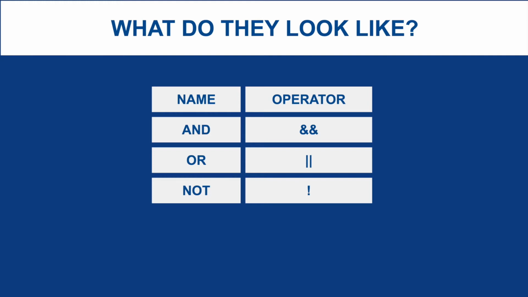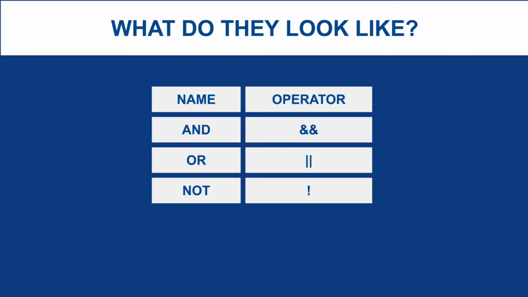The name of the first one is and, and it's denoted by the operator ampersand twice. So ampersand, ampersand. The next one is or, and that's denoted by two pipes. And the last one that we are going to talk about is not, which can be expressed by using the exclamation point.